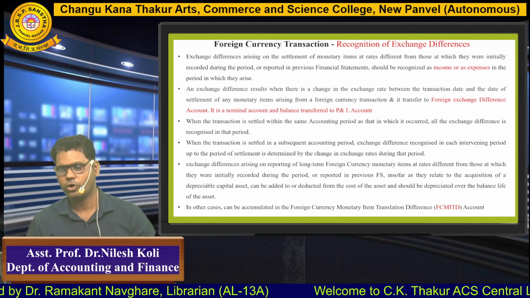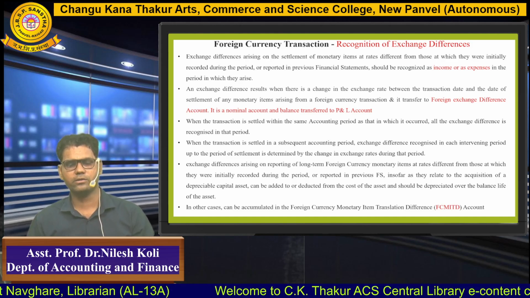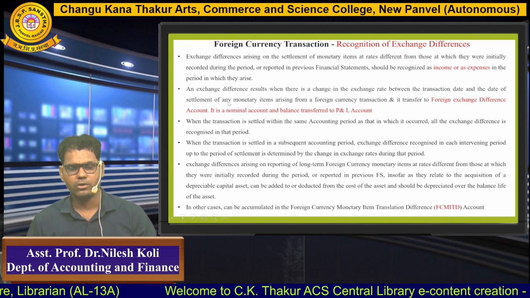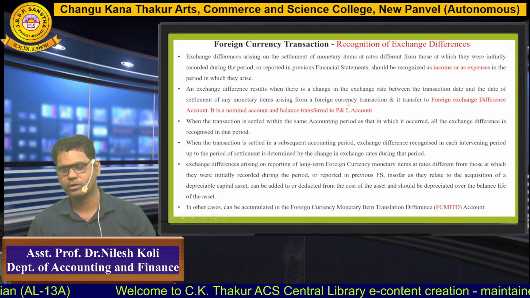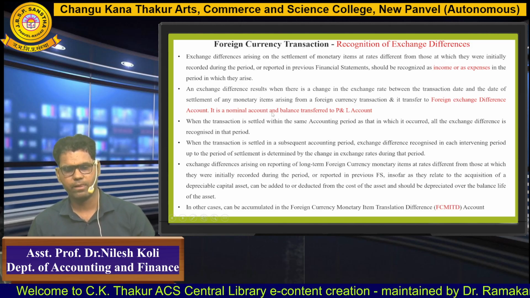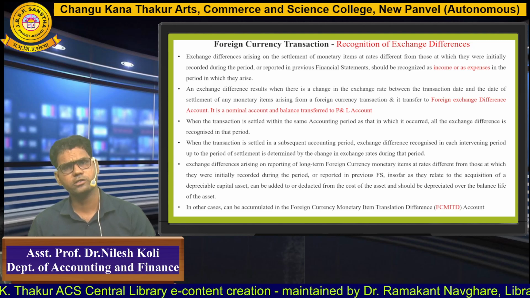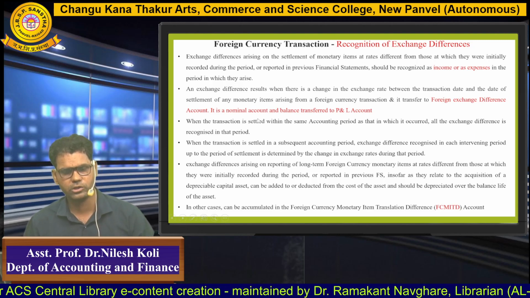So the day on which the transaction is recorded as a purchase transaction and the settlement of any monetary items arising from the foreign currency transaction, the difference is transferred to the foreign exchange difference account. Or else the foreign exchange fluctuation account is also there.